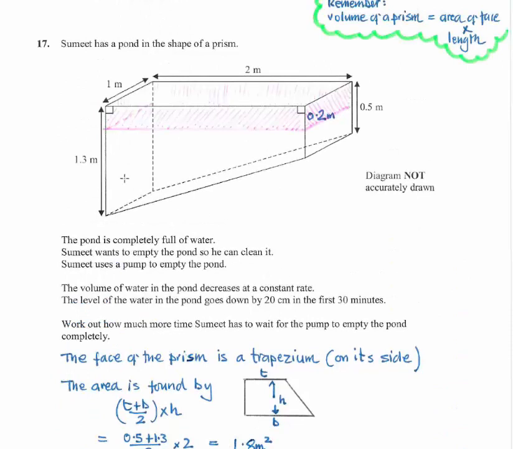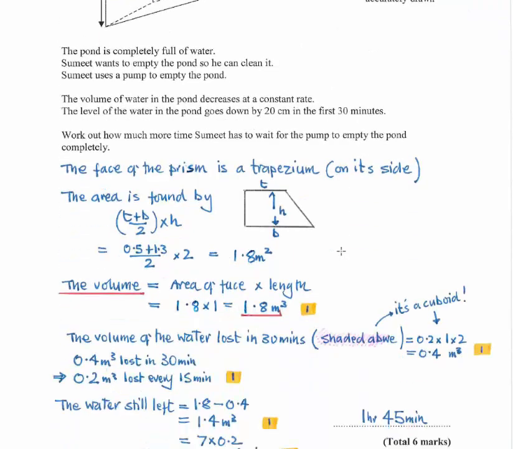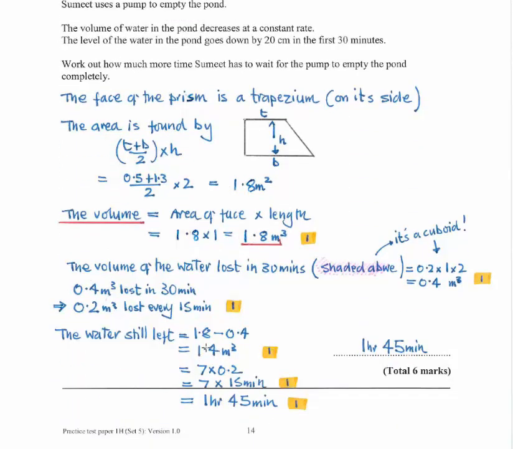That's the volume of water from here down. Okay, because this pink bit is gone. Have a mark for that. Now, 1.4 is 7 lots of 0.2, and every 0.2 takes 15 minutes. So it's 7 lots of 15 minutes, which is 1 hour and 45 minutes.